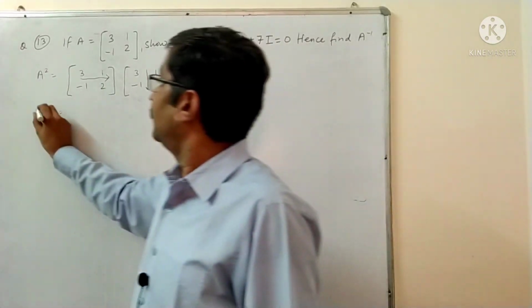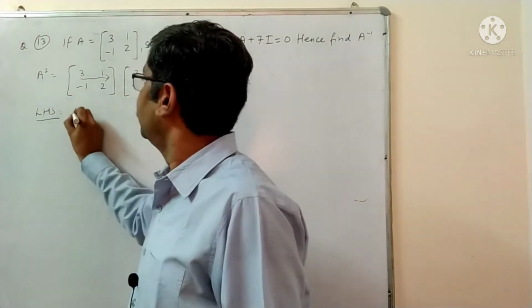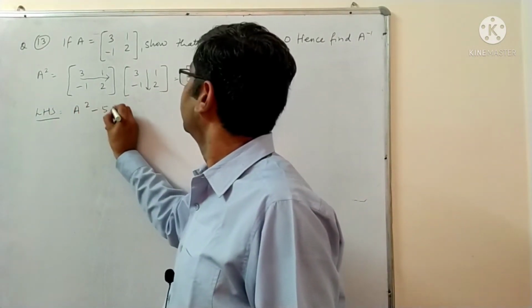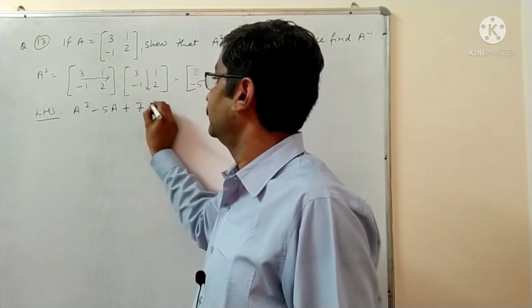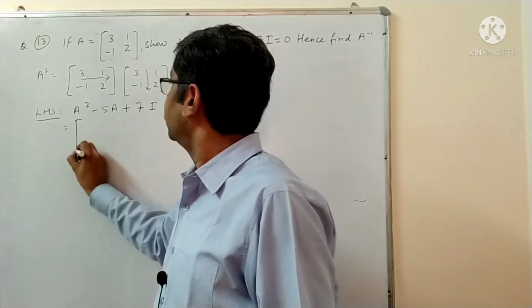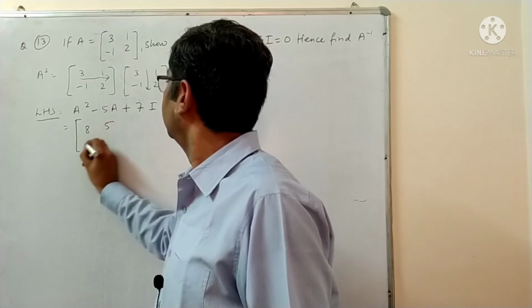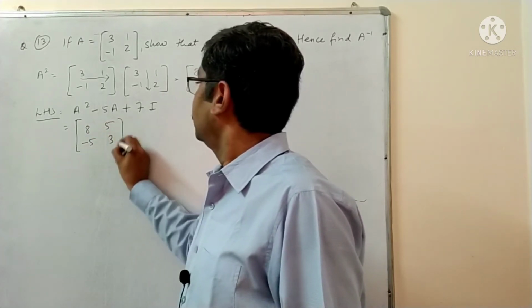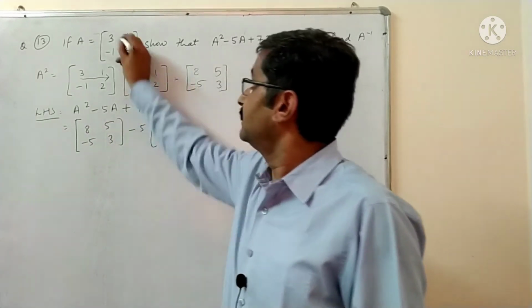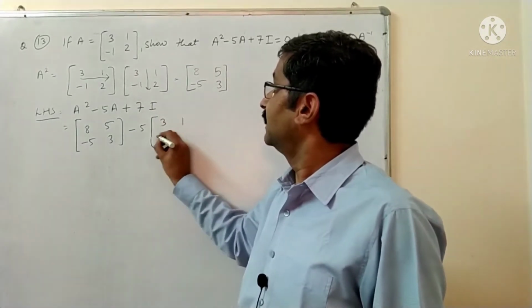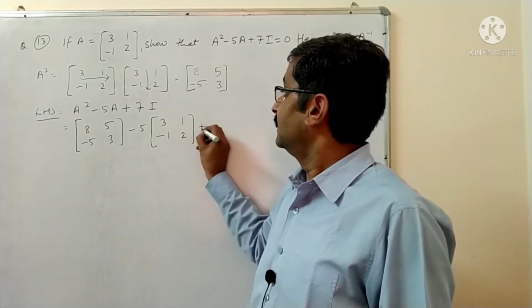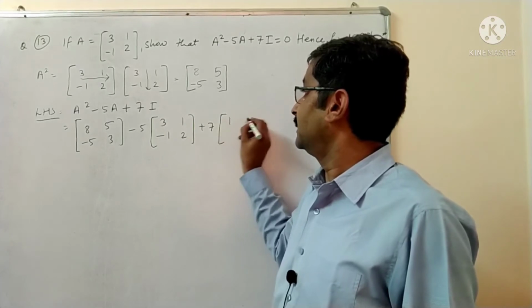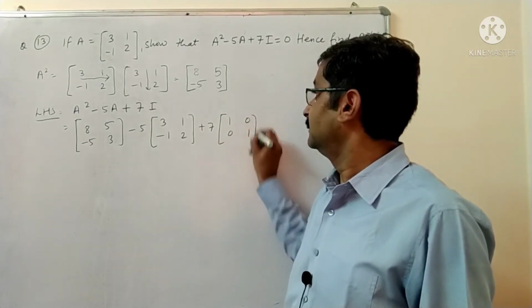Now you have to put it in the left hand side. Left hand side we have A square minus 5A plus 7I. So A square we write as it is, 8, 5, minus 5 and 3. Then minus 5A. A is as it is, we write the 3, 1, minus 1 and 2 matrix. And 7I. I is a unit matrix 1, 0, 0, 1.